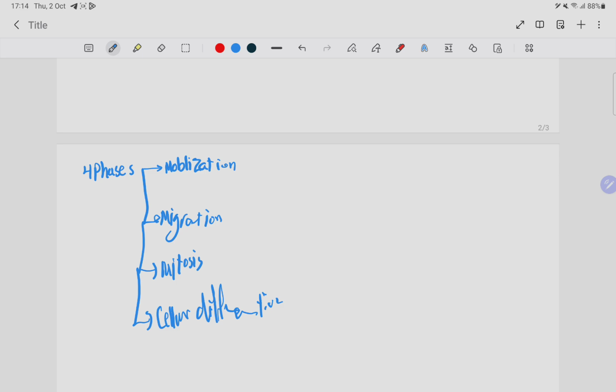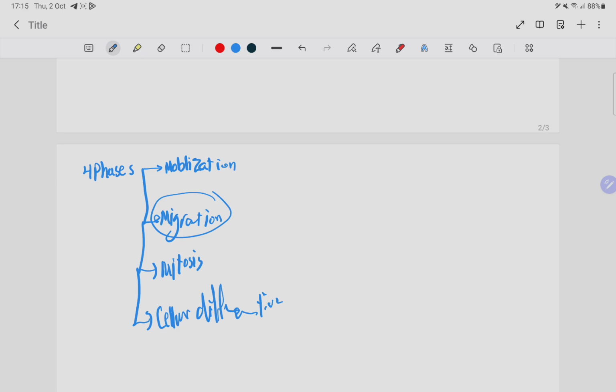Mobilization means there is loss of contact inhibition. What does it mean? The epithelial cells at the wound edges enlarge and flatten. They detach from the neighboring cells and the basement membrane, and they then move away from adjoining cells. In the stage of migration, decreased contact inhibition promotes cell migration.